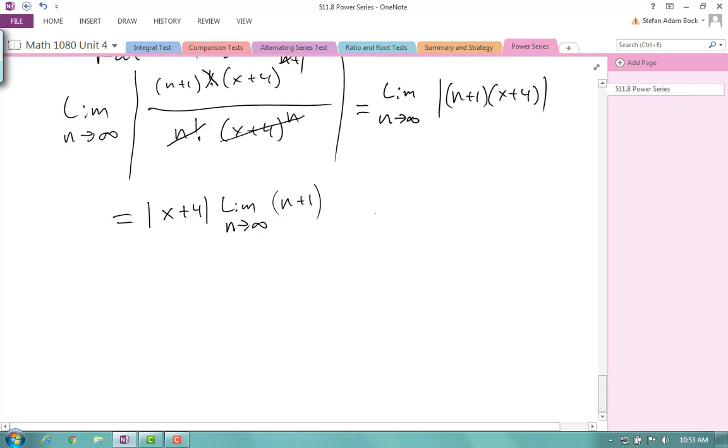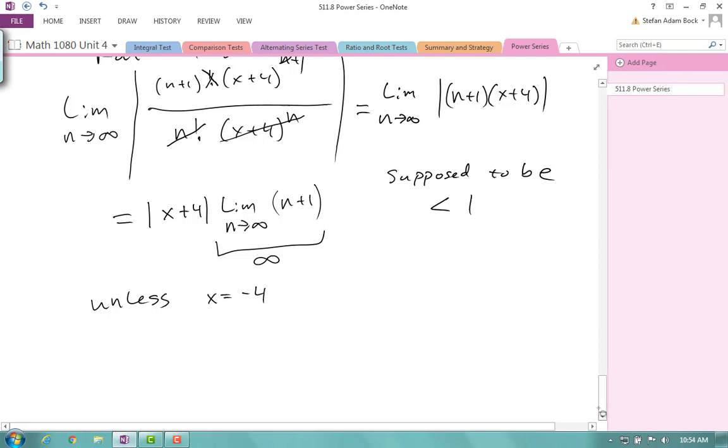Now this is supposed to be less than 1. But this limit right here, this limit as n goes to infinity of n plus 1, is infinite. Unless x is equal to negative 4.